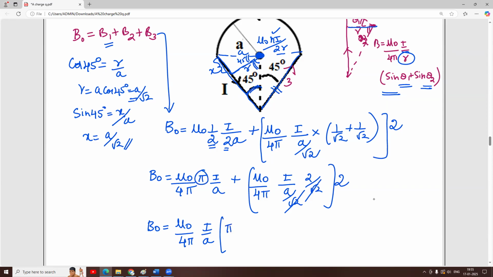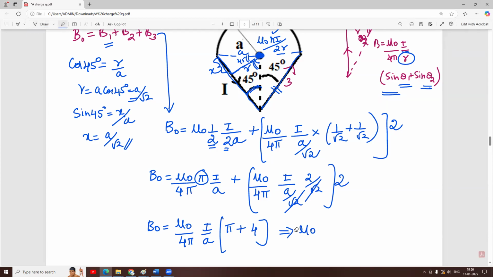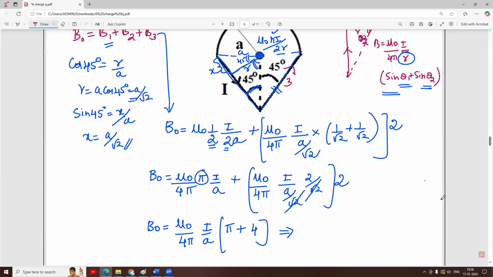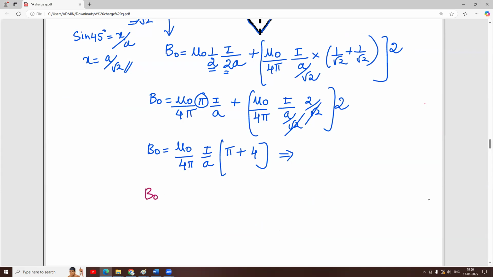Pi is the extra thing here, and the rest of the things are the same. So B naught is equal to mu naught by 4 pi, I by A, into 3.14 plus 4, which is 7.14. Mu naught by 4 pi is 10 to the power minus 7.